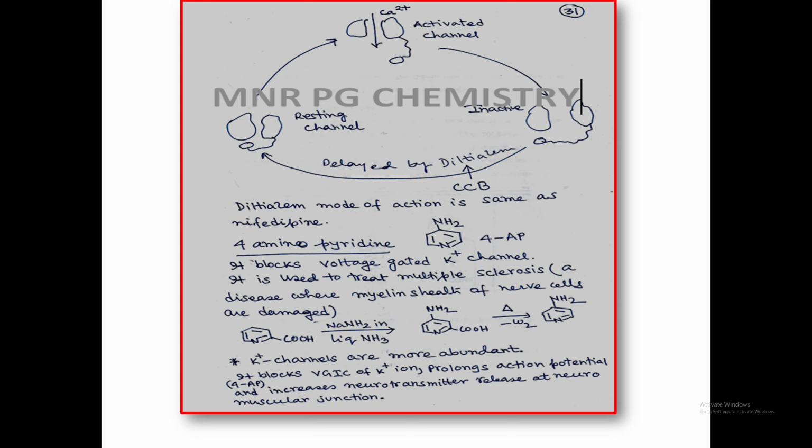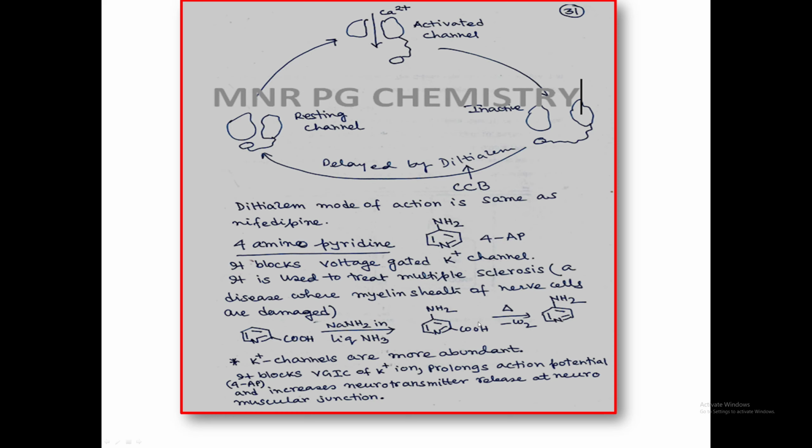Now you see how to prepare 4-aminopyridine. We have to take pyridine 2-carboxylic acid, because we have to block the second position in order to introduce the NH2 group at the fourth position. When it is subjected to the Chichibabin reaction, sodium amide in liquid ammonia, the NH2 group will go to the para position because the ortho position is blocked, and now it will undergo thermal decarboxylation.